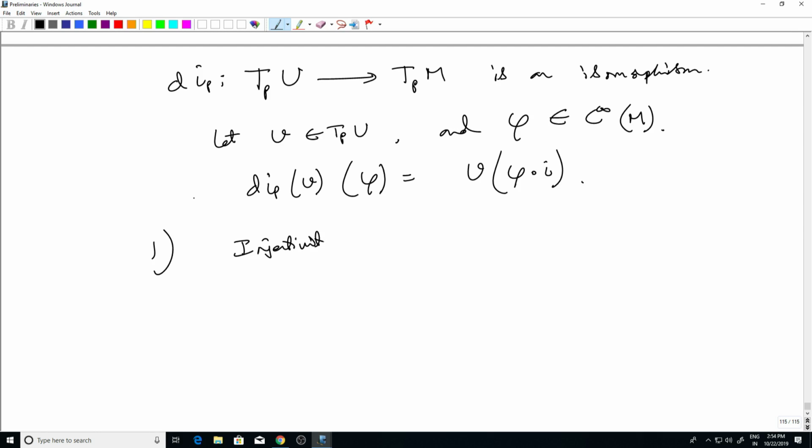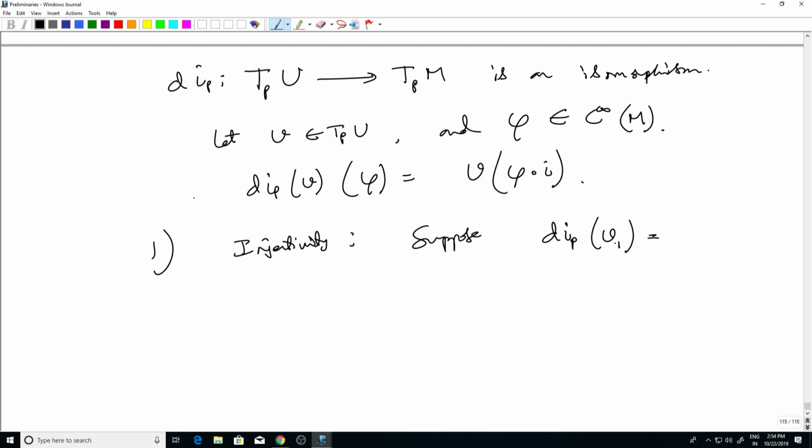Well, let's see why this is injective. Suppose DI_p of V1 equals DI_p of V2 for some tangent vectors V1, V2 in T_pU. Actually, rather than this, these are linear maps. We already know that DI_p is linear.